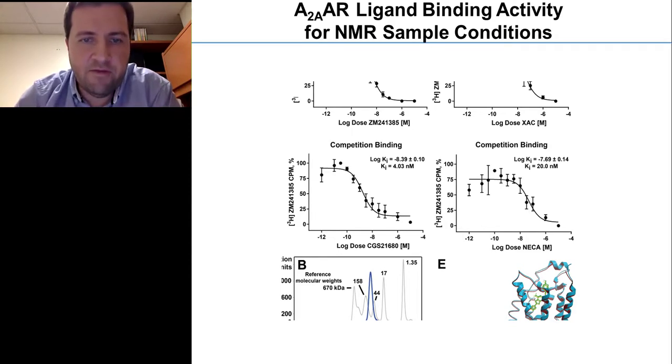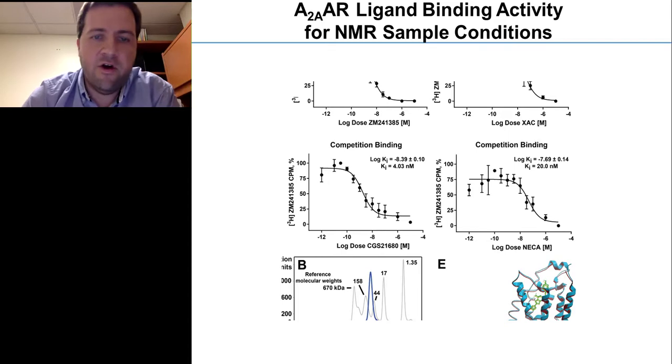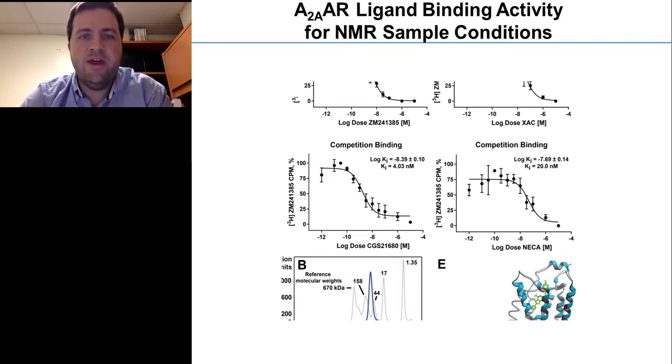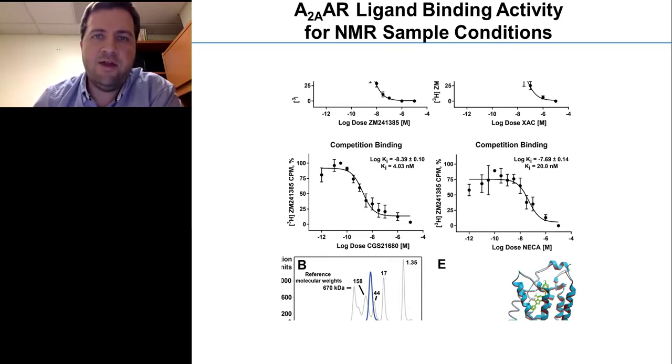Now, on this slide, unfortunately, this slide looks a little bit distorted. The main point is that we directly monitored radioligand binding of the samples that we prepared for NMR studies in the conditions used for NMR studies, that being A2A AR reconstituted into detergent micelles.